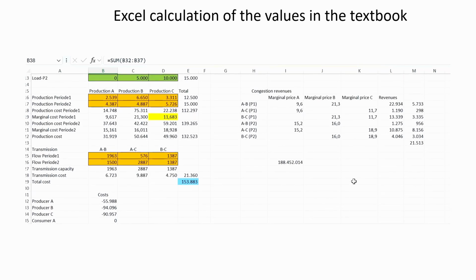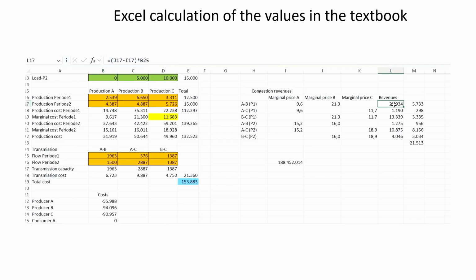We'll now go up here and look at also the congestion income. If we calculate the congestion income for the line AB in period 1, it is the difference between the marginal costs here multiplied with the flow.